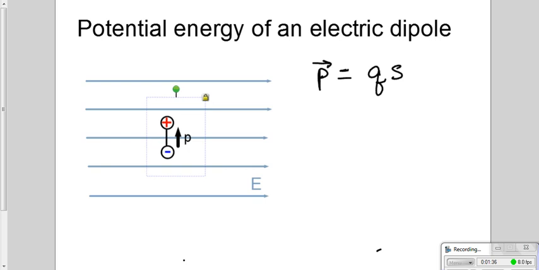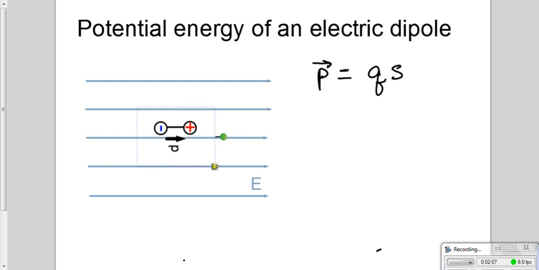So what we looked at before was how these things get torqued when we put them into an electric field. So let's just consider that the positive end of this wants to be pushed rightward when it's in that electric field that I've drawn, and the negative end wants to get pushed leftward, just due to all the charges that are actually creating that nice uniform electric field. So if we let it go, it would certainly want to rotate like that, and that is what we call its most stable position.